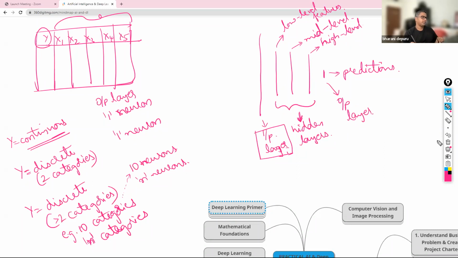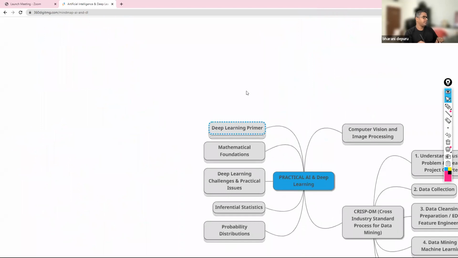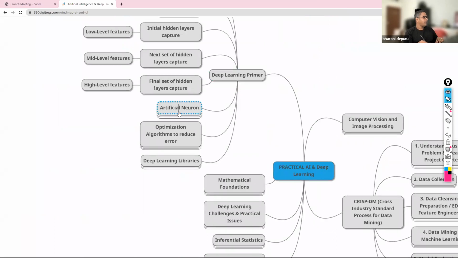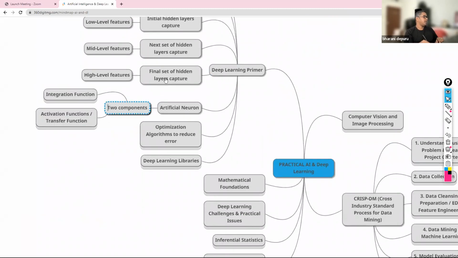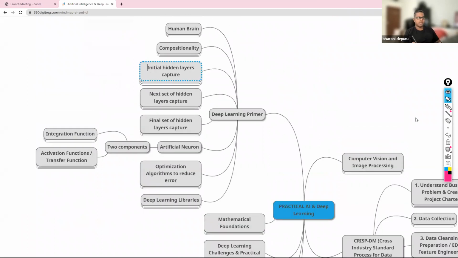Okay, next. That's it. Slowly and steadily, we will be building on top of this. We have also discussed that every neuron will have two components. One is your integration component.